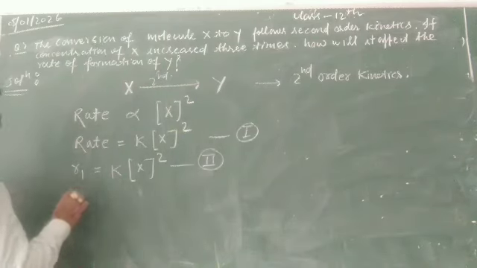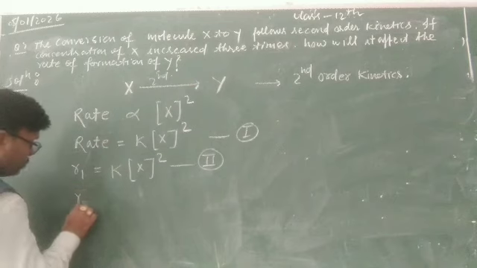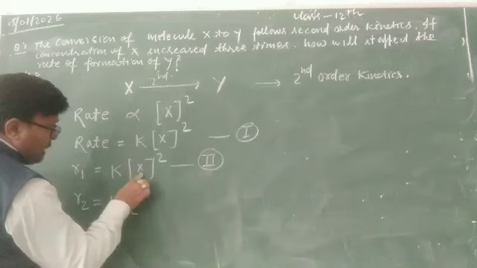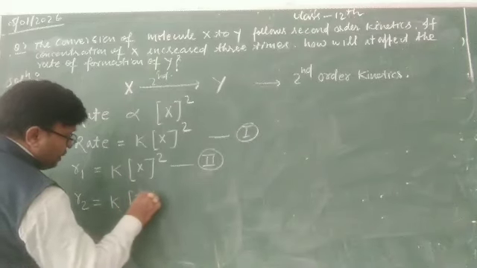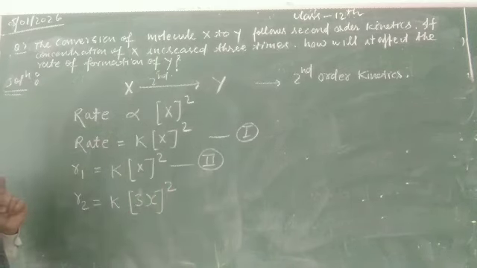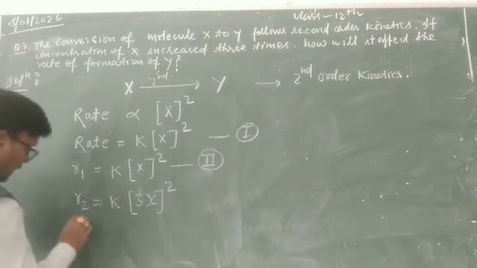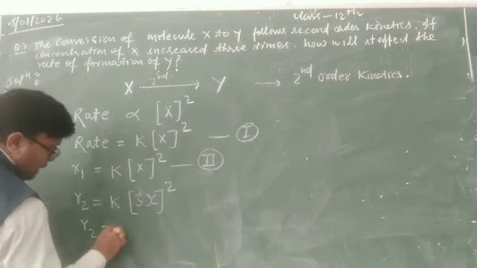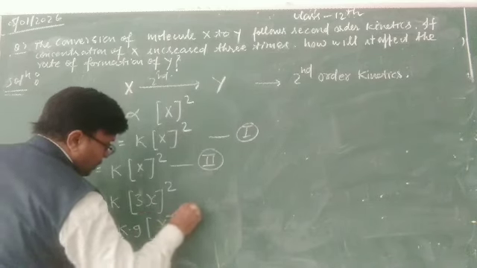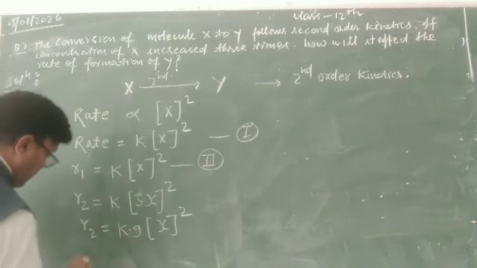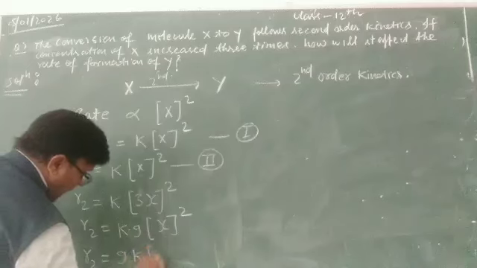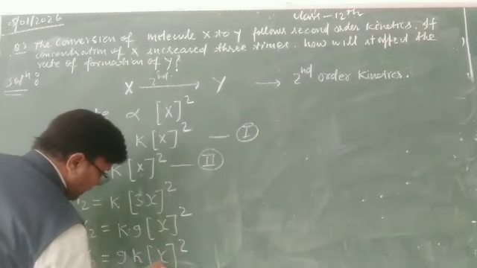For the second case, that is R2, it is equal to k, the concentration of X is increased 3 times, that is 3x whole square, and R2 becomes k into 9x square, or R2 is equal to 9k x square.